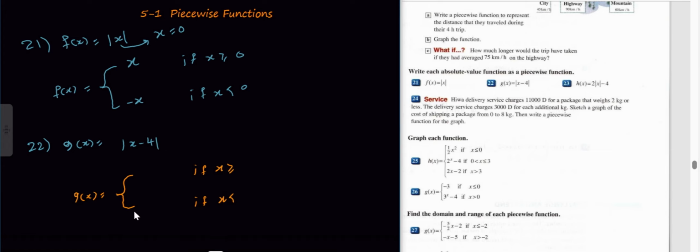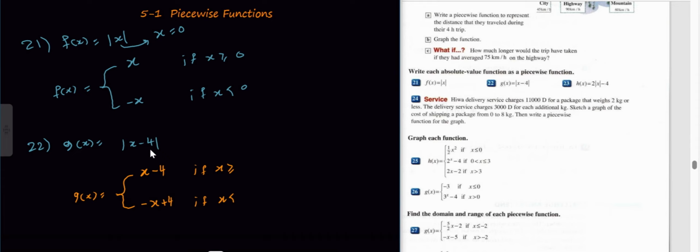And how can you find these two functions? We are going to write the inside of the absolute value as itself, and for the second one we are going to write the inverse of it. So we have x minus 4 as itself, and the inverse of the inside is negative x plus 4.